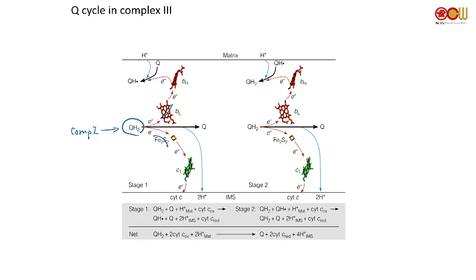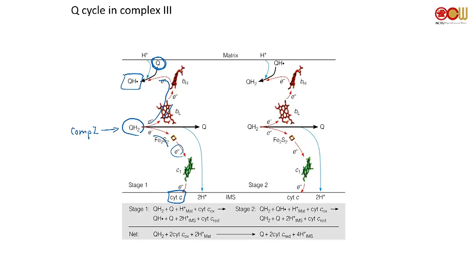And then one of those electrons passes to cytochrome C. Cytochrome C is the end product of complex 3. So one of them ends up at cytochrome C, which is fine. You're happy. The other electron will interact with another Q, not QH2, 一个 oxidized Q. And then you make QH radical.